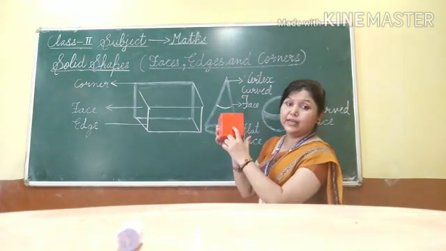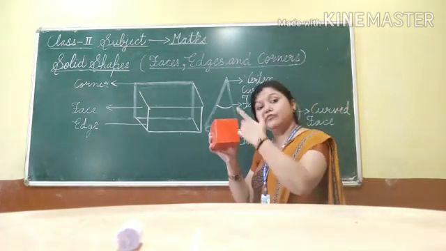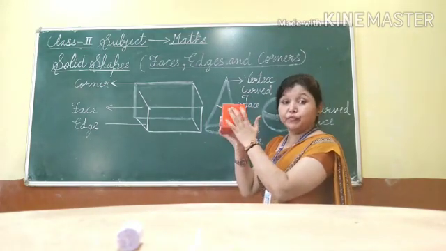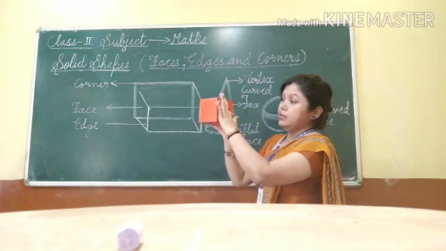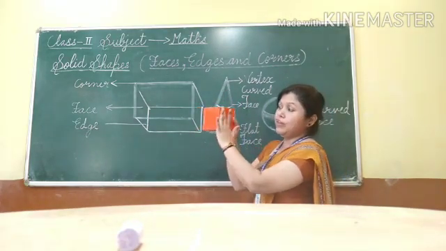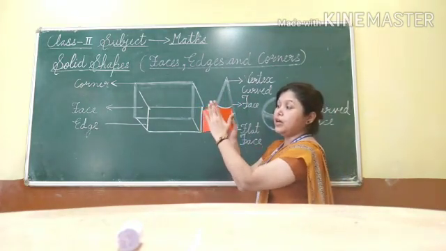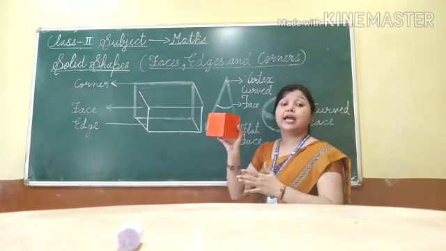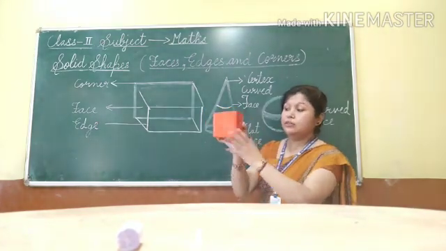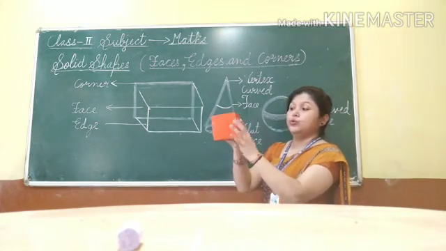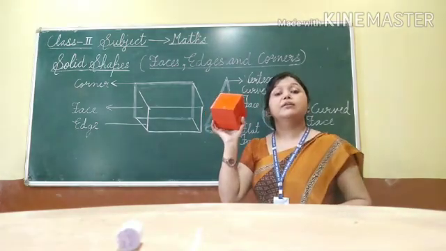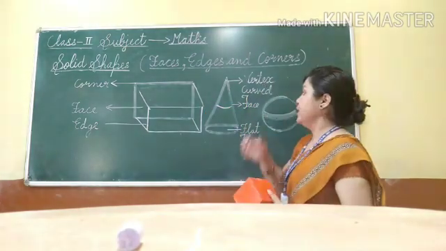So this is known as face. In a flat shape it is a side, but in a solid shape it is a face. And this portion where one face, two faces are joined is known as an edge. So 1, 2, 3, 4, 5, these are edges.